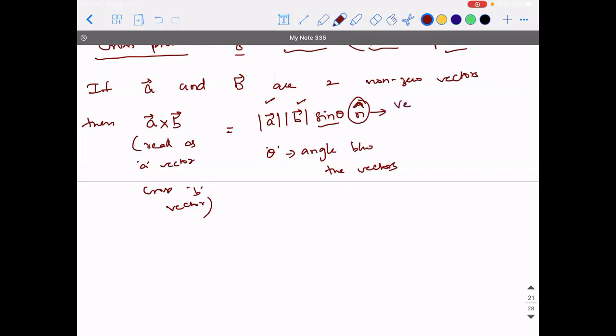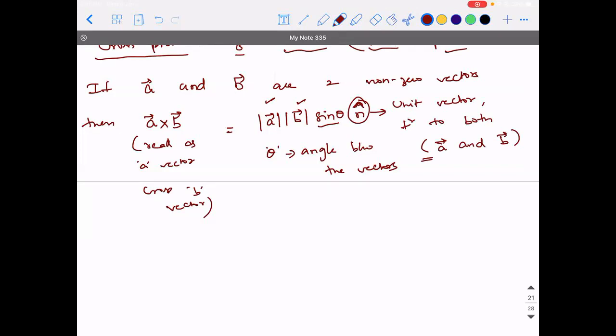N cap is a unit vector perpendicular to both A vector and B vector.